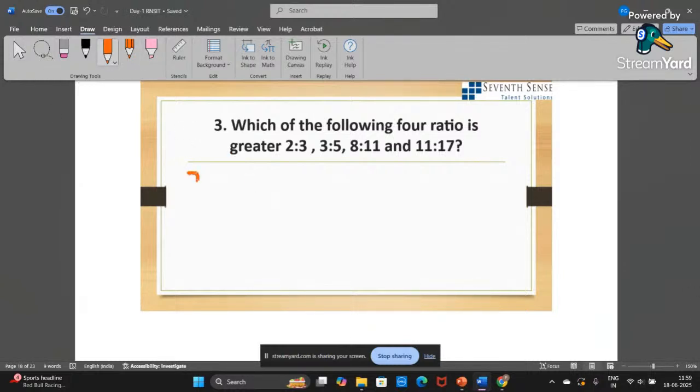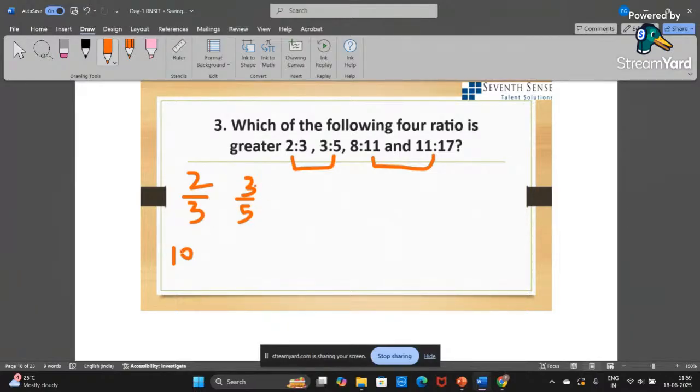Let us compare first these two separately and these two separately. 5 twos are 10. Be careful which one you're taking as the numerator. On that side, you have to write the multiplied value.